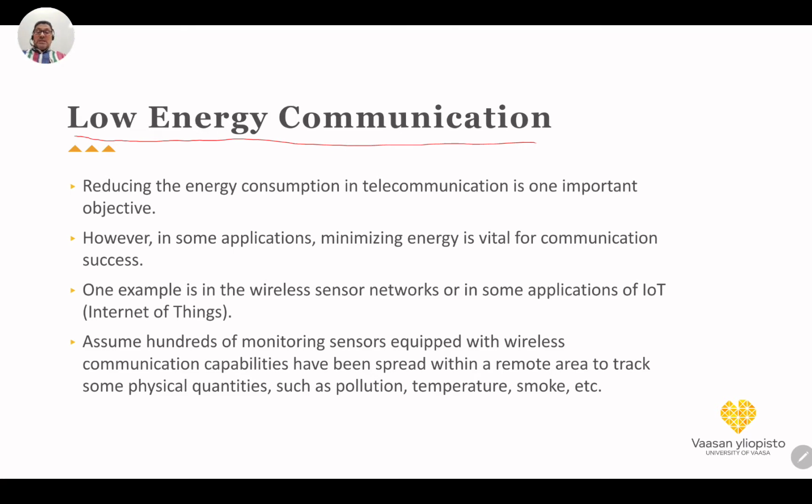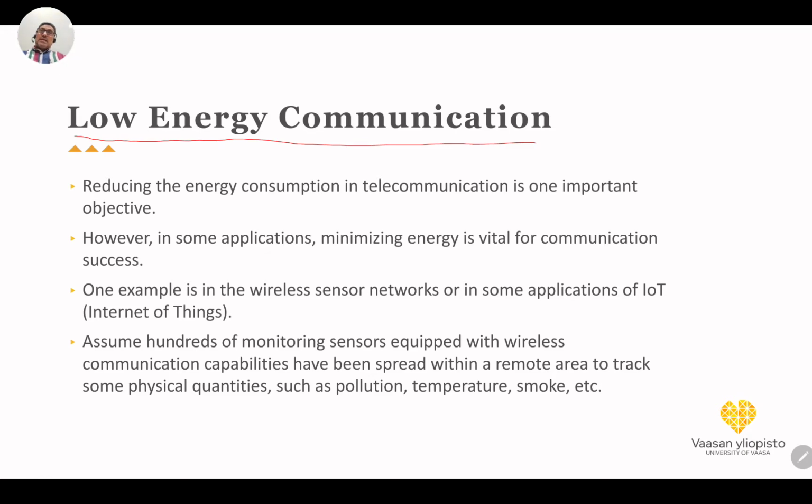One example is if you distribute hundreds or thousands of sensors with wireless communication capabilities, spread within a remote area to track some physical quantities like pollution, temperature or smoke, or track some objects there.